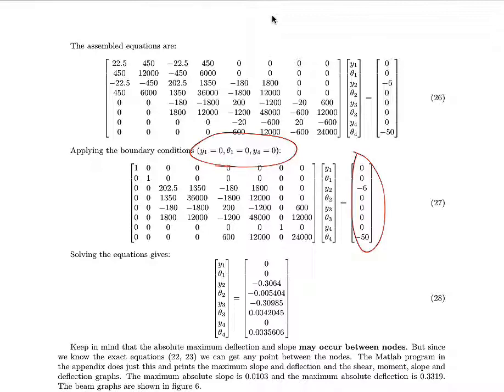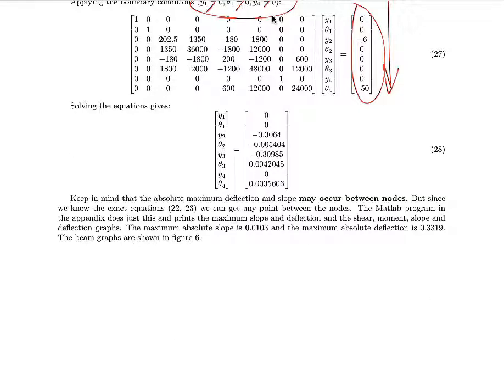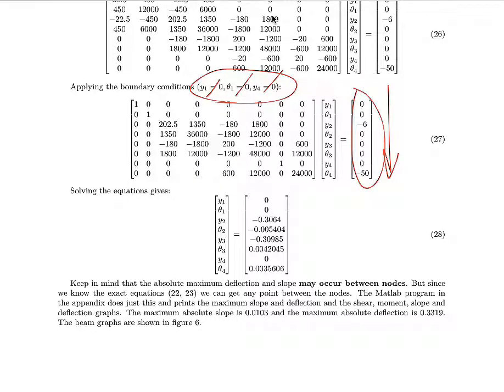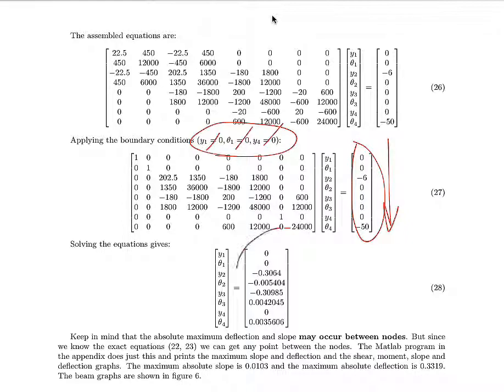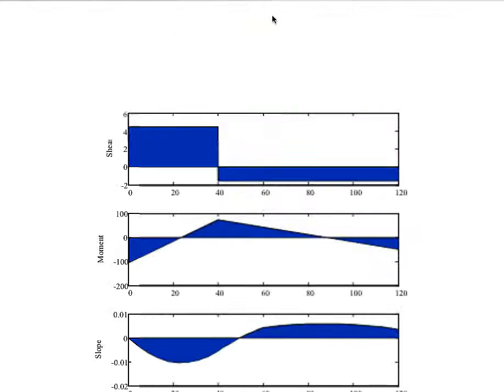But if you have given displacements or given rotations, then you have to modify the right hand side with the application of the given displacement or rotation times the corresponding row of the stiffness matrix, and that gives us an 8 by 8 system, and a solution of that gives us the displacements and the rotations at the 4 nodes, as you can see in here.